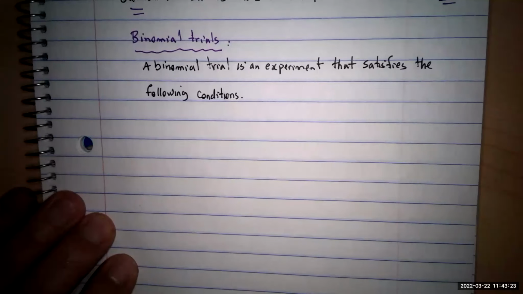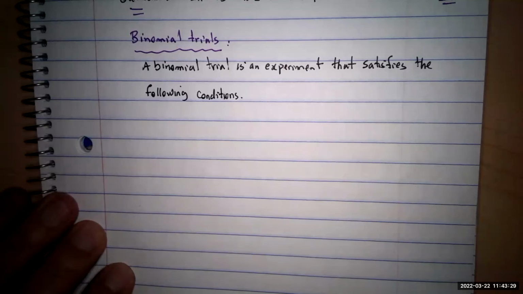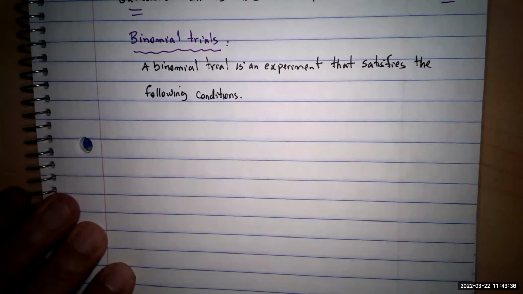The conditions are: you should have a fixed number of trials. This repetition must end sometime. You cannot go on forever. You toss a coin 10 times, 20 times, not forever. If you do it forever, that's a Bernoulli trial, but we are not going to check that one.